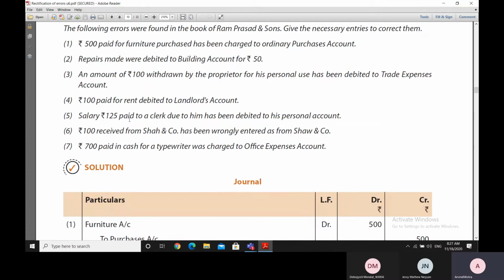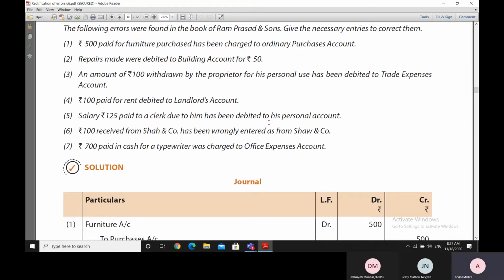Now salary 125 rupees is paid to a clerk, due to that clerk, but it has been debited to his personal account. Salary which was due to a clerk was paid, but instead of debiting the salary account, it was debited to the clerk's personal account.